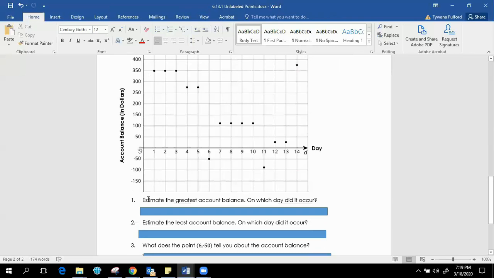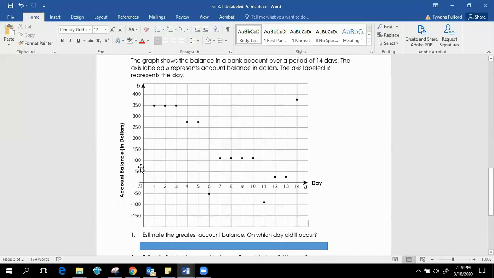So let's go ahead and look at question number 1. It says, estimate the greatest account balance and on which day did it occur. So again, I have to remember to look at my axes. I'm looking at my account balance, trying to figure out where is my greatest account balance. So that is my y-axis, which they also have labeled as B. So I'm looking at my highest y value.